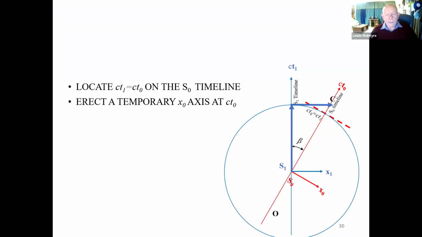We do this like we did before, but now the unknown CT0 equal to the known CT1 directs a temporary X0 axis at that point.